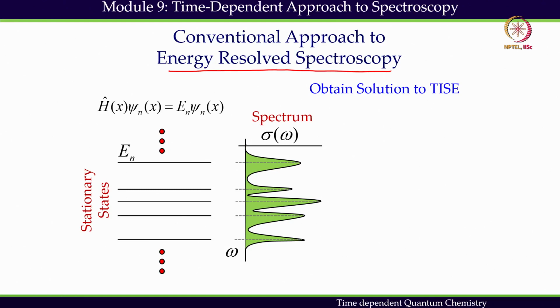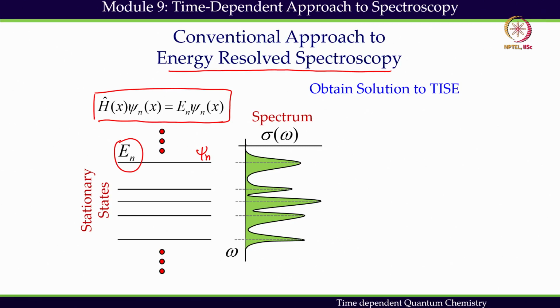If we follow what we conventionally do, and what we have already realized, the time independent Schrodinger equation, which is given by this equation, for a quantum system provides stationary eigenstate energies En, and eigenstate wave functions psi n.